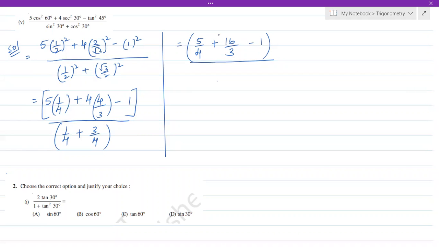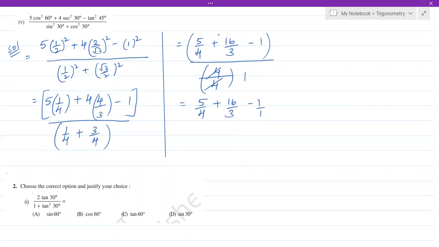So it becomes 4. 1 plus 3 is 4. So 4 gets cancelled. We are left with 1. So it becomes 5 by 4 plus 16 by 3 minus 1, the entire thing divided by 1. Since it is divided by 1, doesn't matter. We can skip that. So this 1 can be written as 1 by 1.